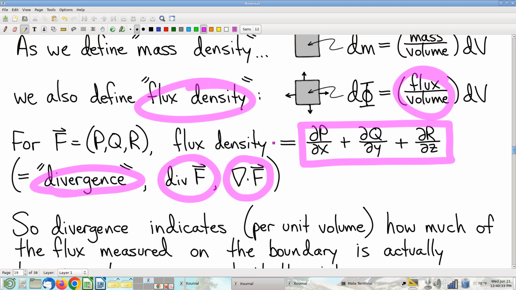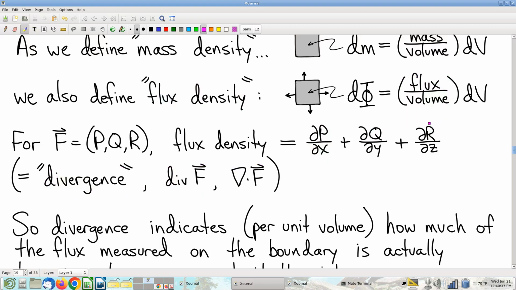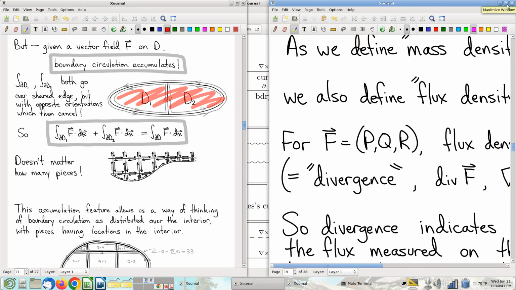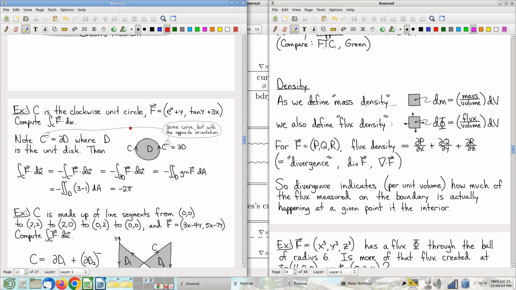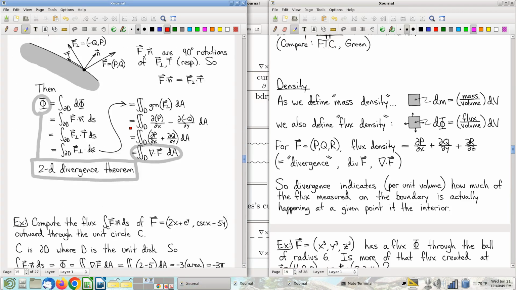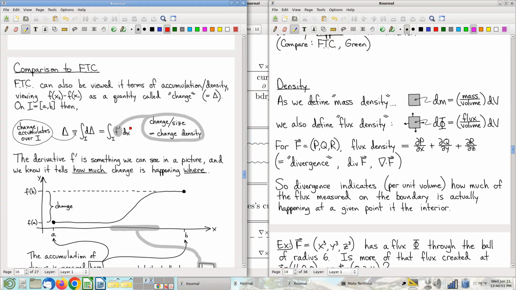Okay. So, cool. Now, we've made previous comments about densities. Let me scroll down to where that is. Yeah, here we go.